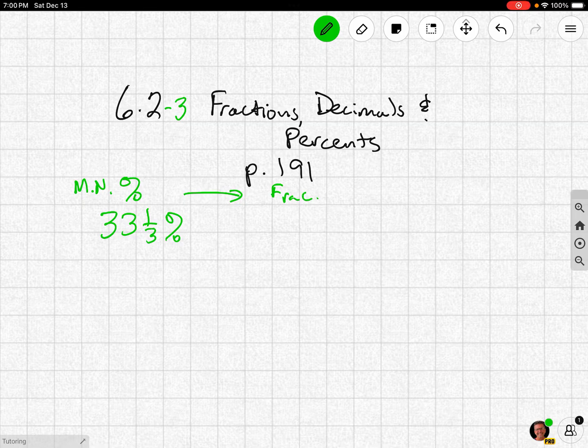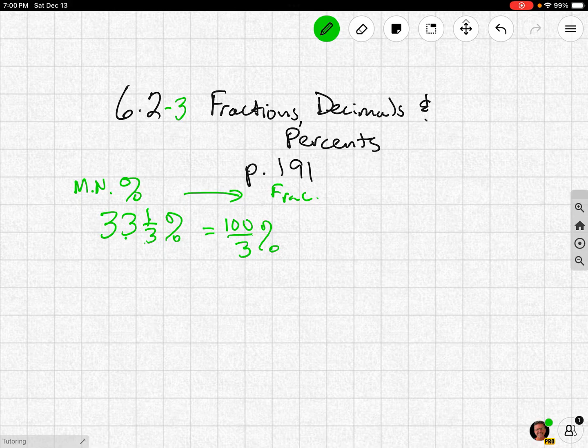So how do we do that? We change this into a percent that's actually an improper fraction. The way we do that is we go 3 times 33 is 99, plus 1 is 100. So this is equal to 100 over 3%.